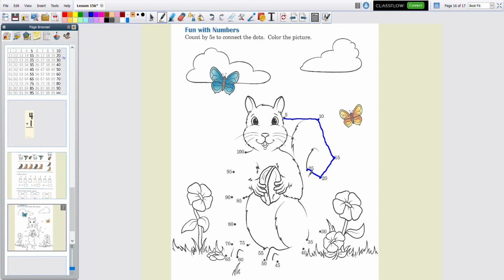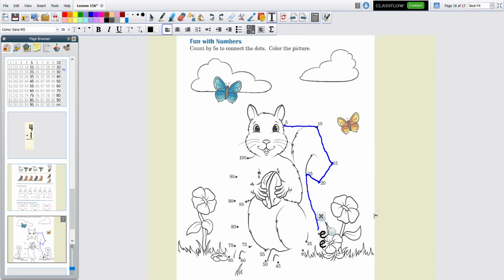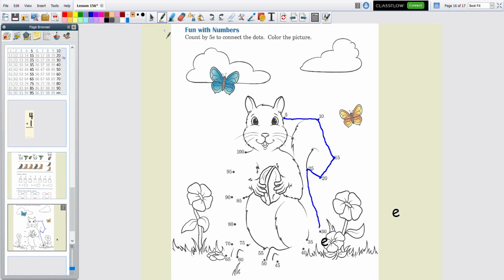Then what? 30. Oops. That wasn't supposed to happen. I'm just going to move those aside. Okay, so from 30 to 35 to 40 to 45 to 50. What comes after 50? Let's go up here. 50, and then there's 55.